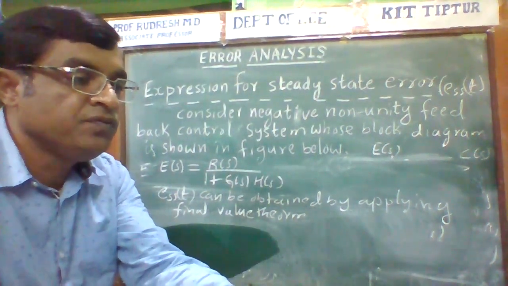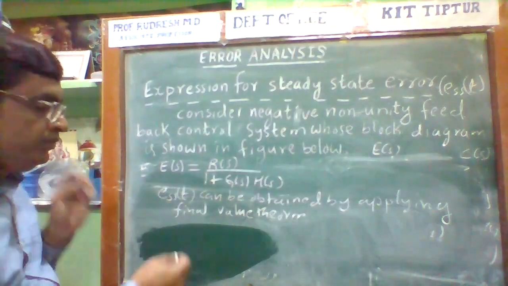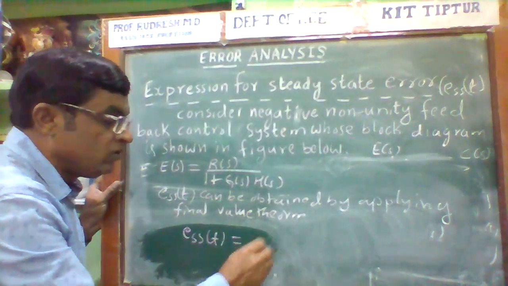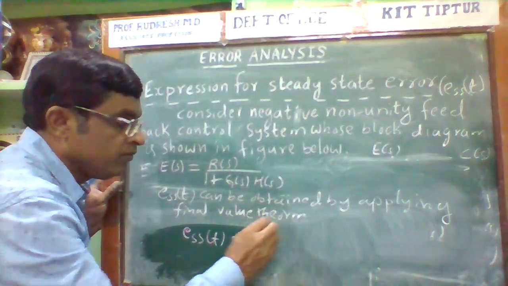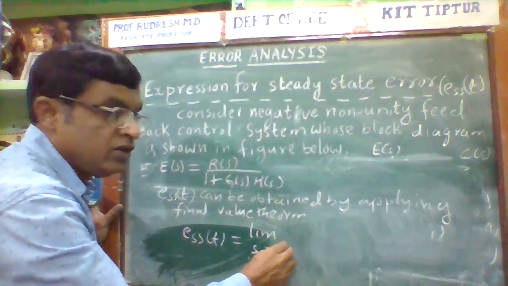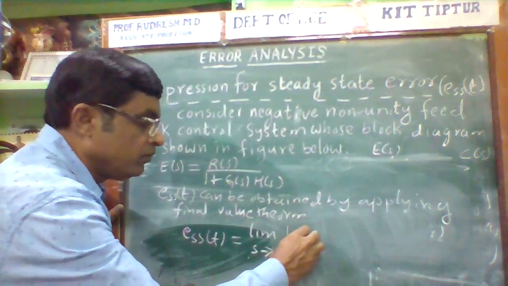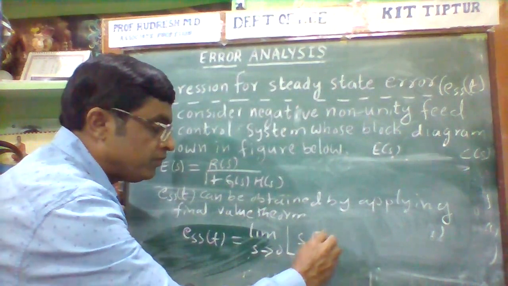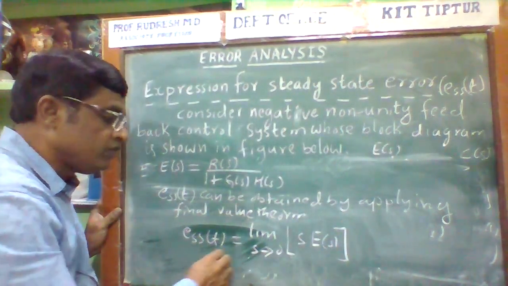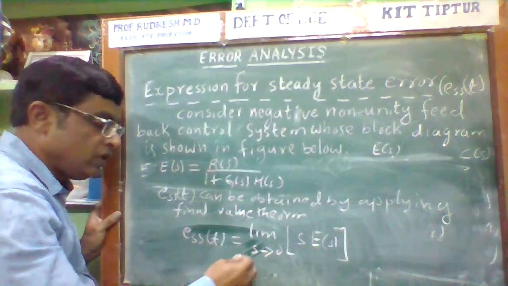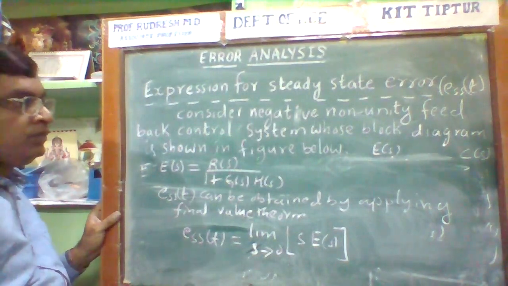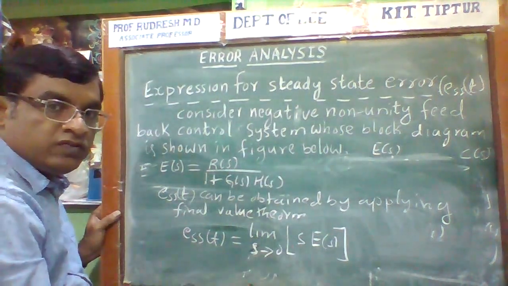Now e_ss(t) is equal to limit S tends to 0 of S into E(S). Now this is the expression.